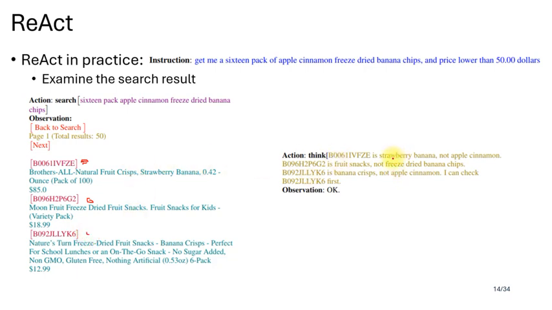The first outcome is about strawberry banana, not apple cinnamon, so you can skip that. The second is the fruit snack, not freeze-dried banana chips, skip that. The third is banana chips, not apple cinnamon. Okay, maybe we can consider that. So let's check this option. And the observation says, okay, let's go to the next action.